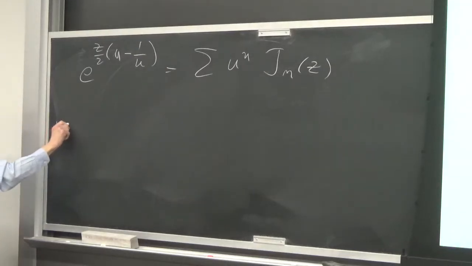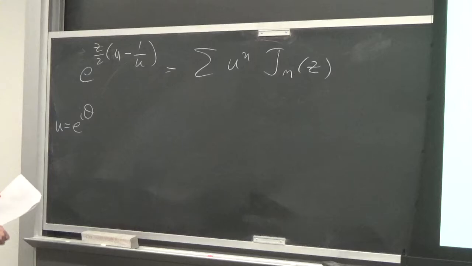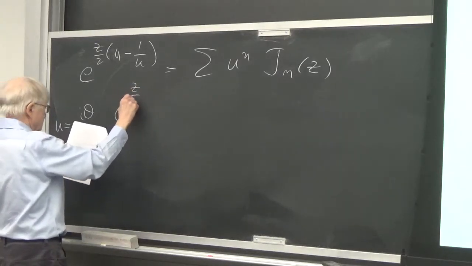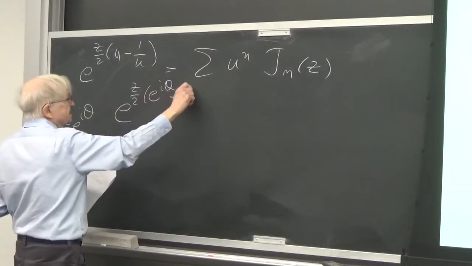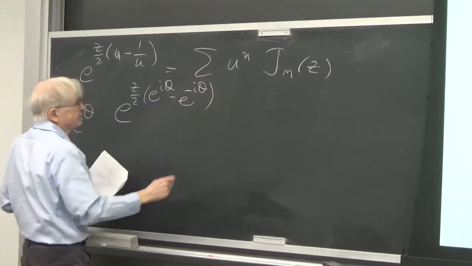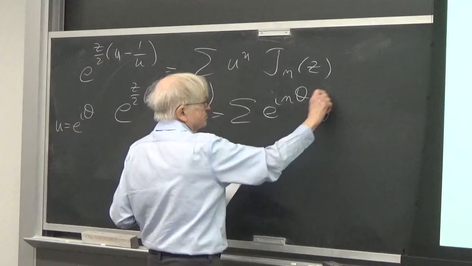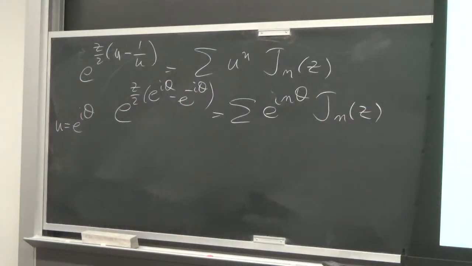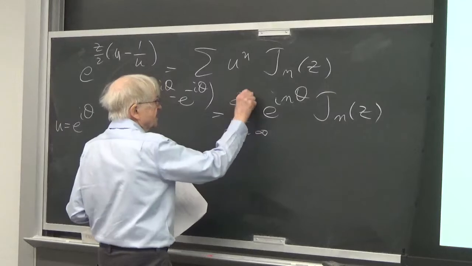And if we set u equal to e to the i theta, then this is e to the z over 2 times e to the i theta minus e to the minus i theta, equals the sum of e to the i n theta J_n of z. And this n is going from minus infinity to plus infinity.